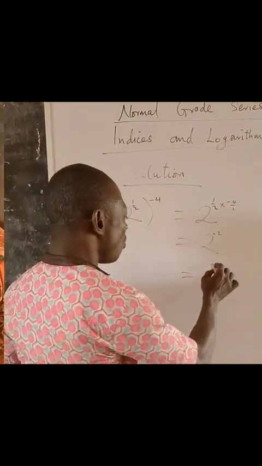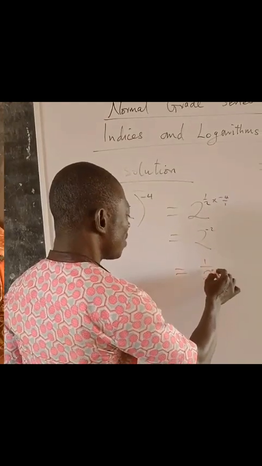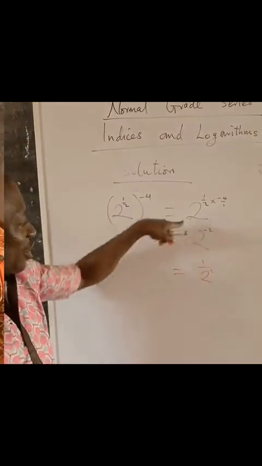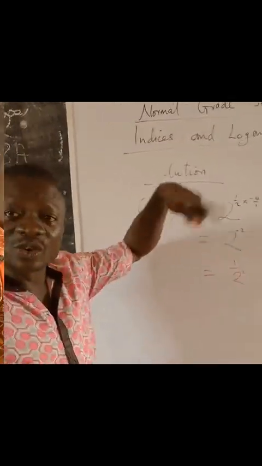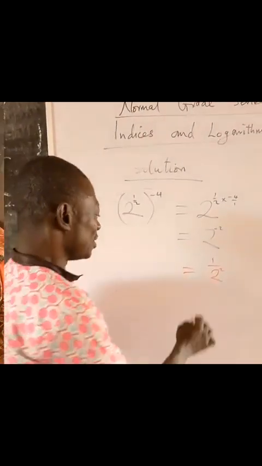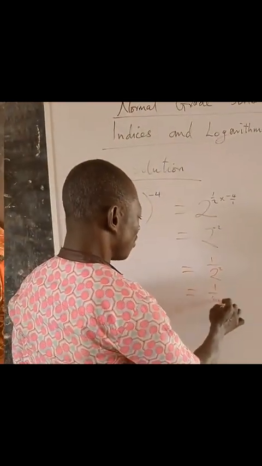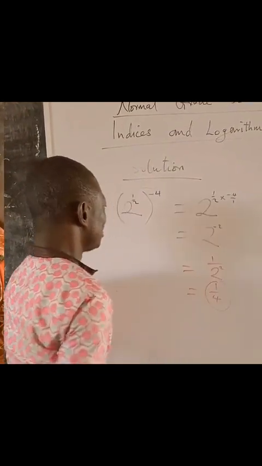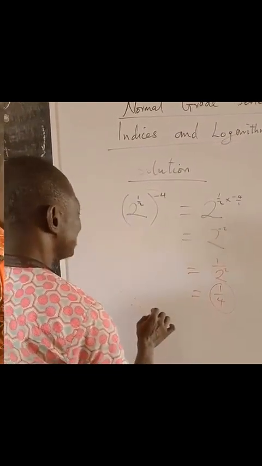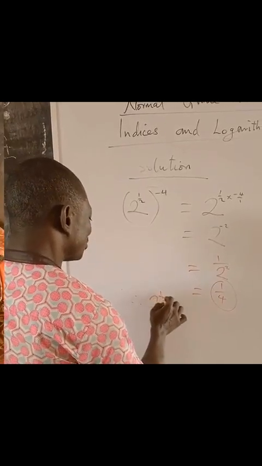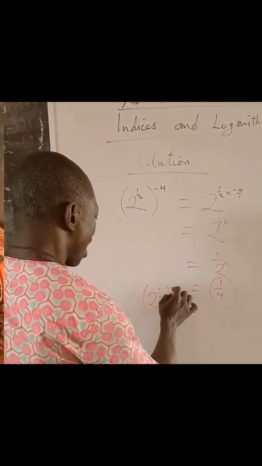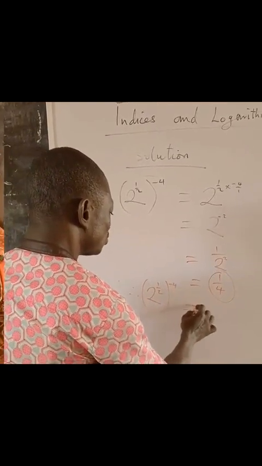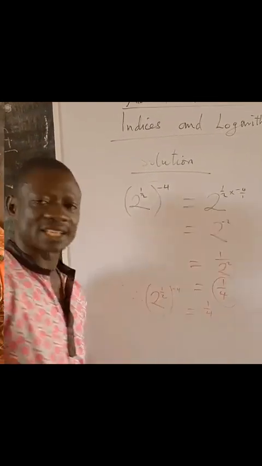We must say, okay, 1 over 2 raised to the power 2, writing 1 on top and letting the negative sign go away. Then it's going to be 1 over 4 as our last answer. Therefore, we can tell them that 2 raised to the power 1 over 2, raised to the power minus 4 will result to 1 over 4 as the last answer.